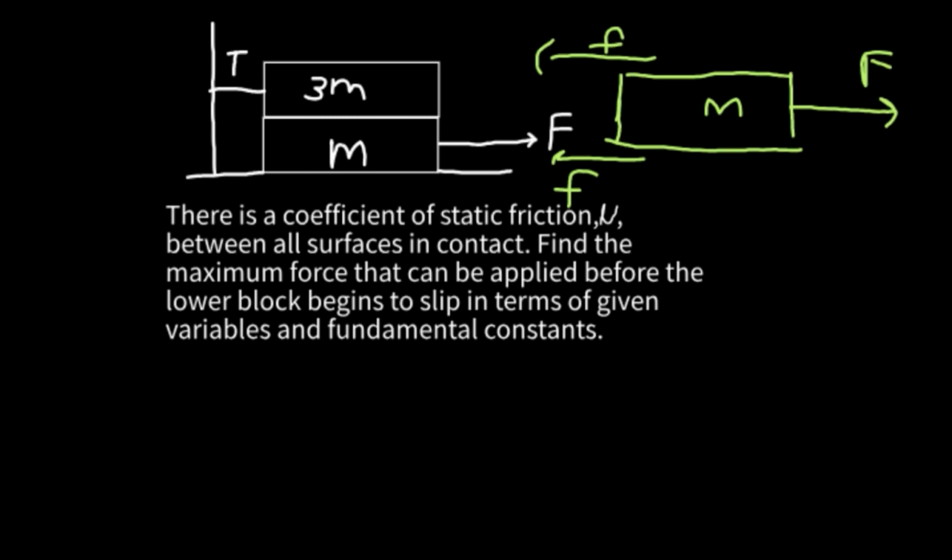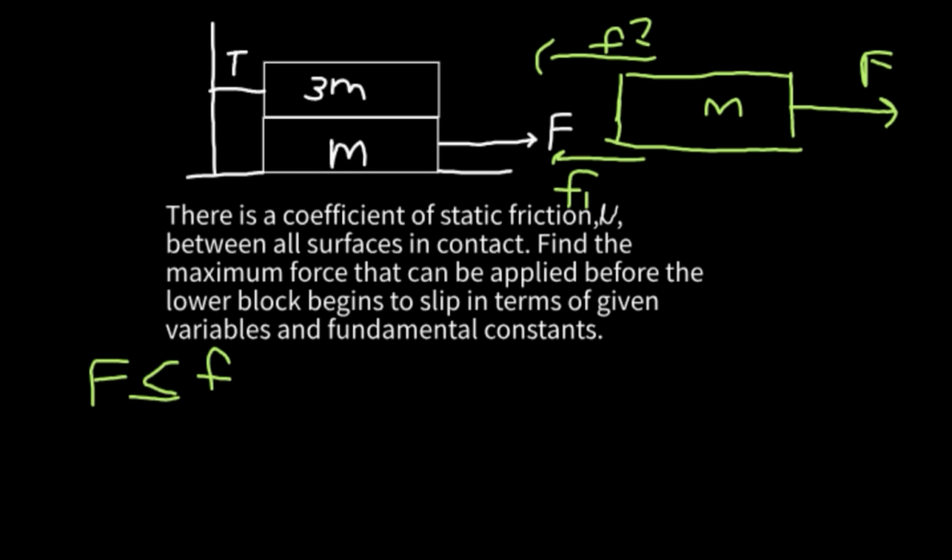Alright, so before that lower block starts to slip, that big F is going to be equal to both of these forces of friction. Now usually F is going to be less than or equal to the forces of friction, right, because this is static friction. Static friction doesn't have a set value.